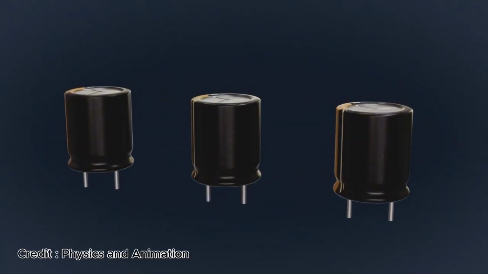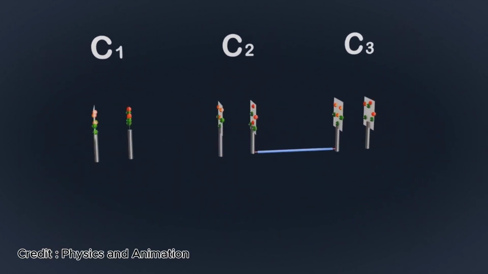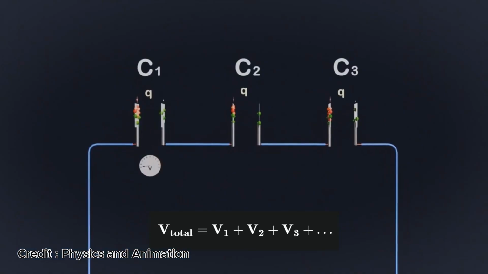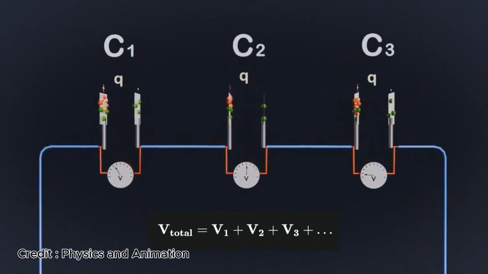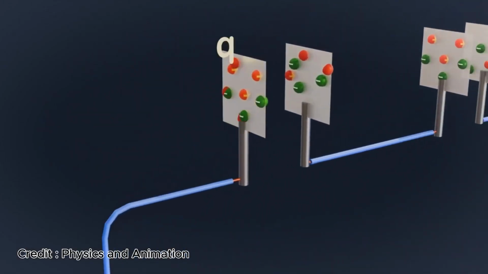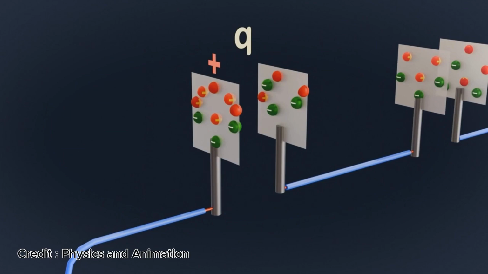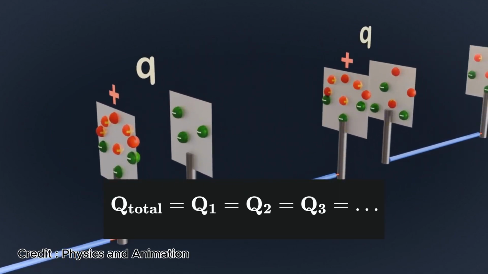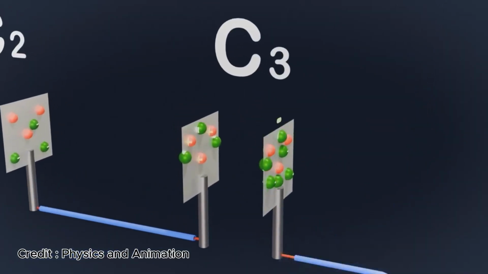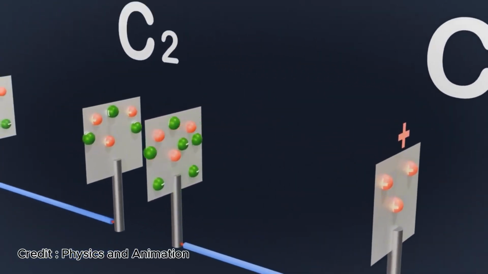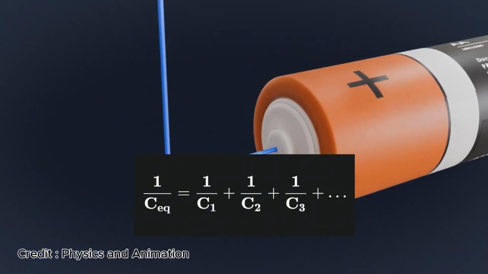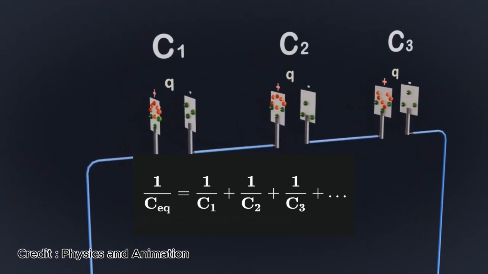When the capacitors are connected in a series circuit, the total potential difference across the capacitors is equal to the sum of the potential difference of each capacitor. Next, the charge on capacitors connected in series is the same in every capacitor. Lastly, the inverse of the equivalent capacitance of capacitors in a series circuit is equal to the sum of the inverse of each capacitance.